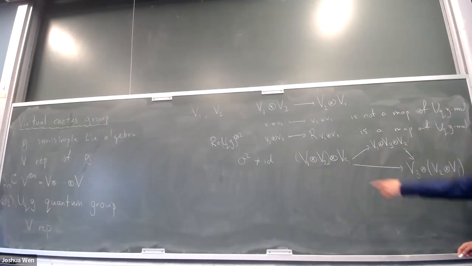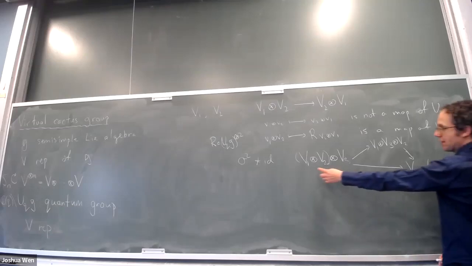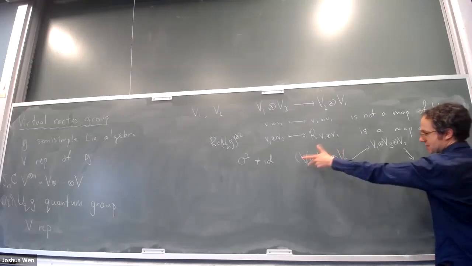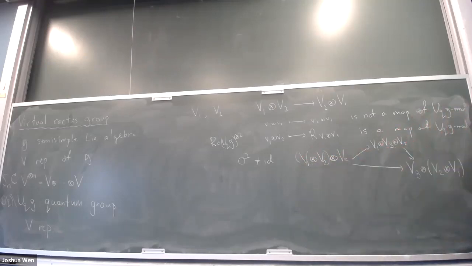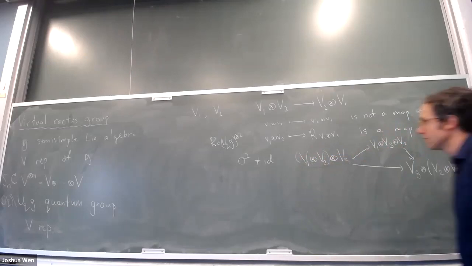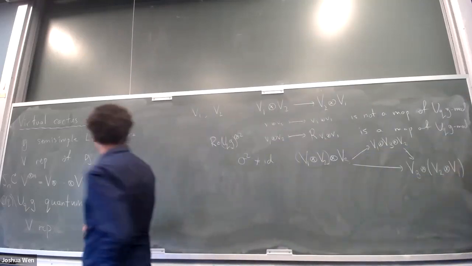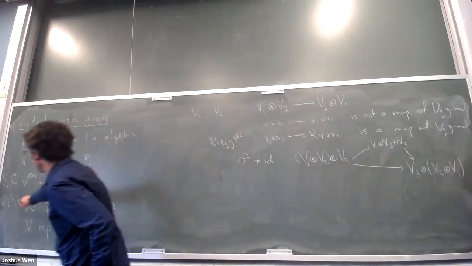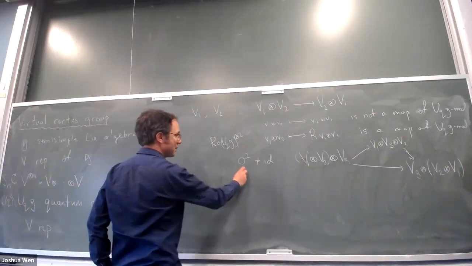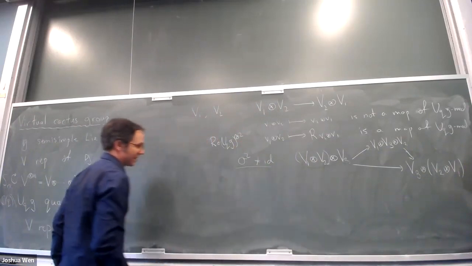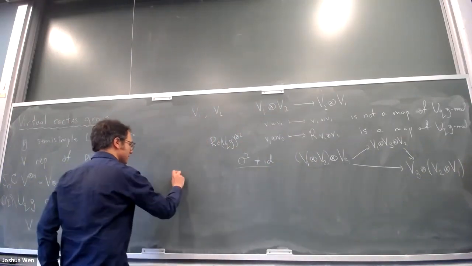In turn, this diagram implies something called the quantum Yang-Baxter equation, which tells you if you have V1, V2, V3, and you want to switch it completely around to V3, V2, V1, the two ways of doing it agree. So here we saw an action of the symmetric group. Here, we're going to see an action of a different group, principally because of this fact. So this leads to the braid group.